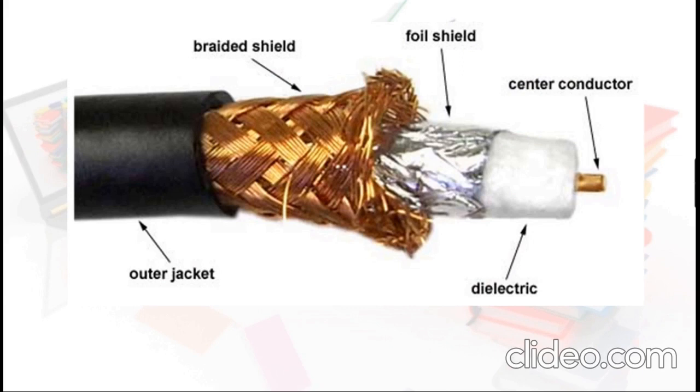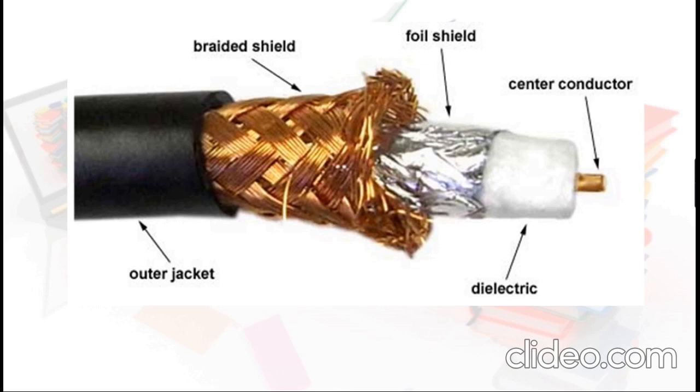Thereafter we have a foiled shield and braided shield. The shield is also called the outer conductor, and after that there is an outer jacket for protective purposes, that is a protective plastic coating or PVC.